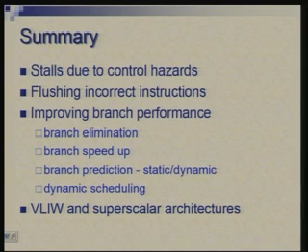From dynamic scheduling, it led to superscalar and VLIW architecture, which are basically instruction level parallel architectures and try to improve performance beyond CPI of 1. Pipelining ideally tries to make CPI as 1, but in real case it will be slightly worse than 1. To cross this CPI 1 barrier, you need to do instruction level parallelism either in a VLIW manner or in a superscalar manner. I will stop at that. Thank you.